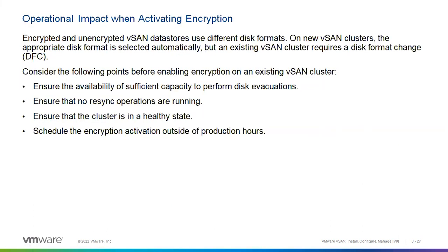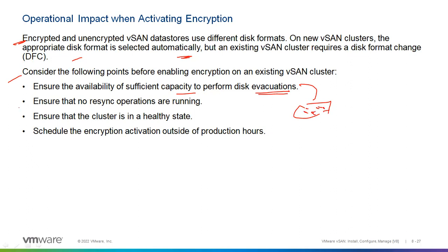Okay, so operational impact: encrypted and unencrypted vSAN datastores use different disk formats. On a new vSAN cluster, the appropriate disk format is selected automatically, but an existing vSAN cluster requires the disk format to be changed. Consider the following points before enabling. Ensure sufficient capacity to perform the disk evacuation. First, it will evacuate the disk, then write the data back in encrypted form.